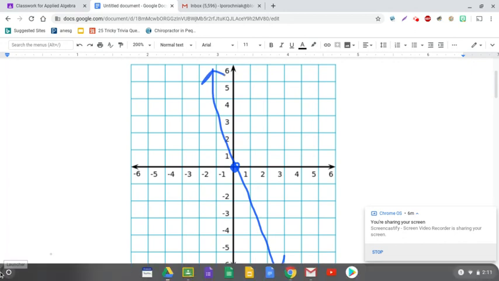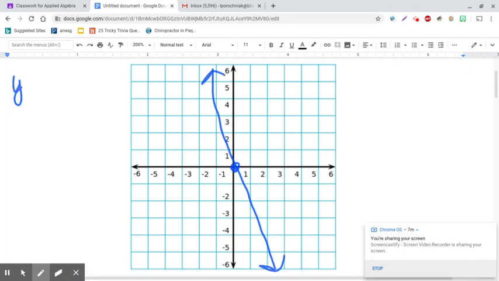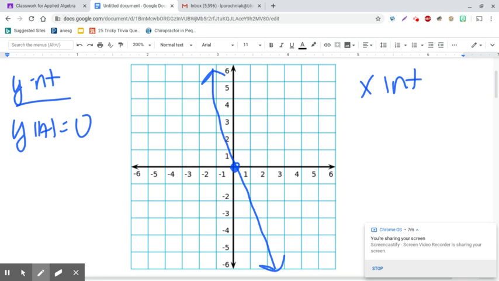Crazy of a line, but it's fine. All right, so y-intercept. All right, guys. Where does this cross the y? At the origin, a 0. So the y-intercept is 0. Now, if the y-intercept is 0, it also means the x-intercept, right, is 0.